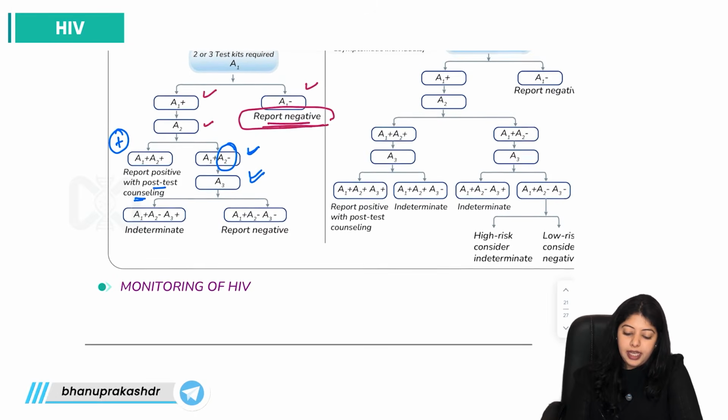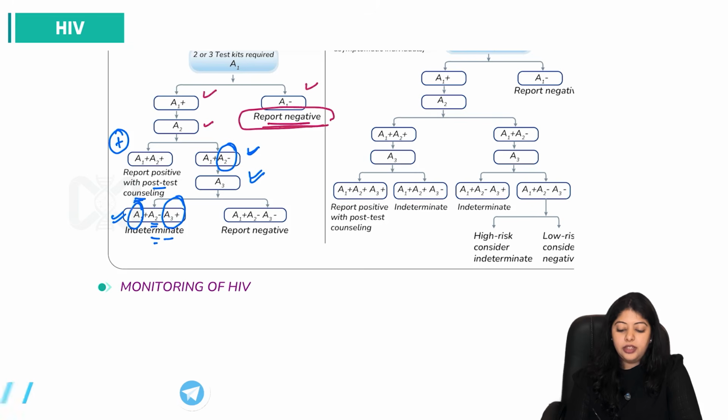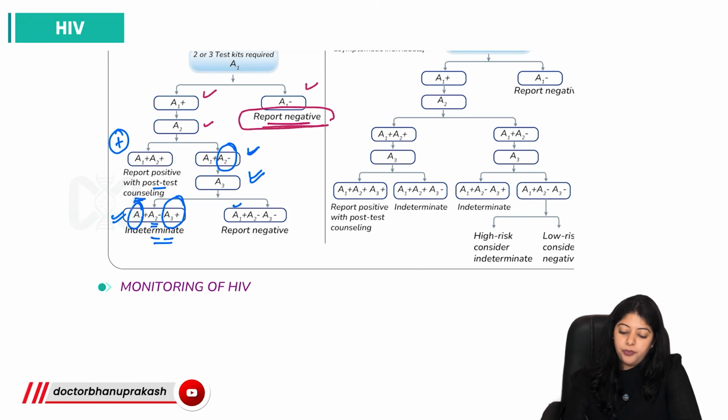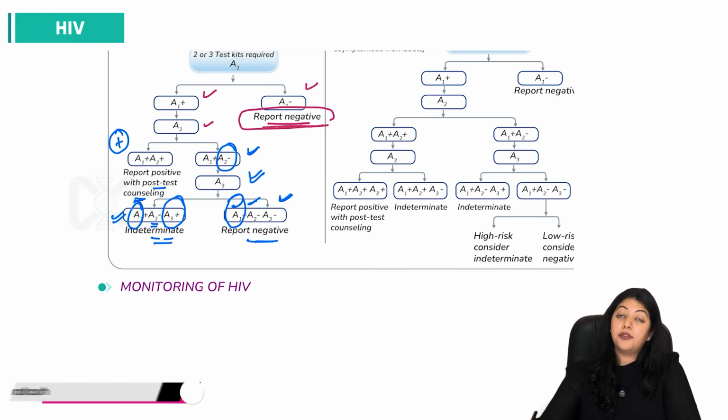Now A1 is positive, A2 is negative, but A3 again comes out to be positive. Then this is an indeterminate result, right? And if A1 is positive, A2 is negative, and A3 is negative, only if the last 2 tests are negative, only then we will consider it as a negative result.